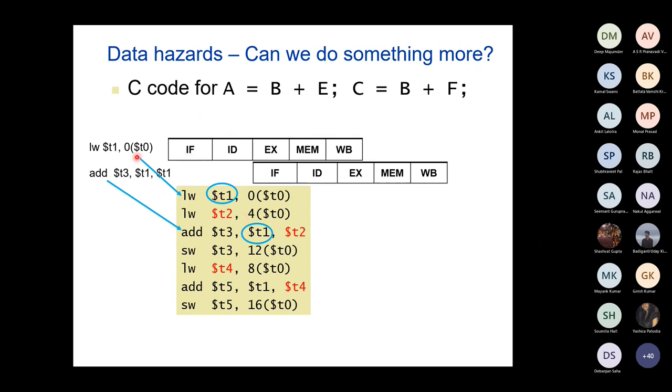So what would be the pipeline diagram of the first instruction and the third instruction? We have these 5 stages, and since this is the third instruction, it will be shifted by 2 clock cycles. So will there be a hazard between the first and the third?